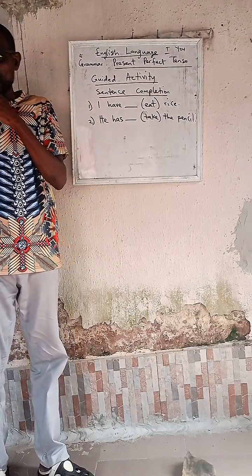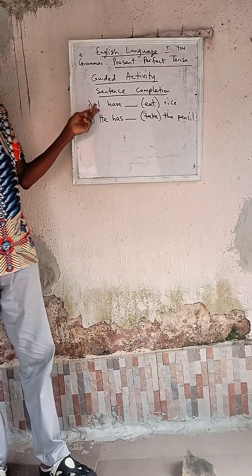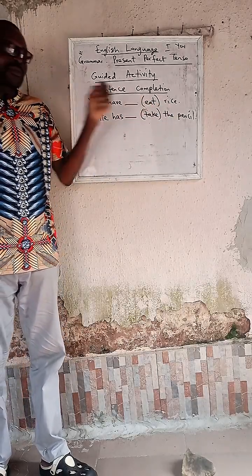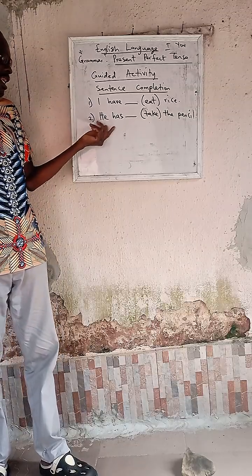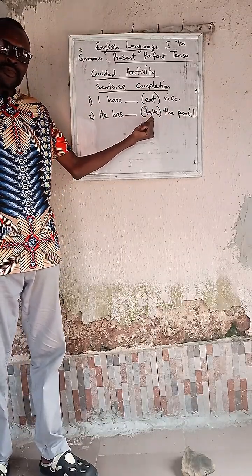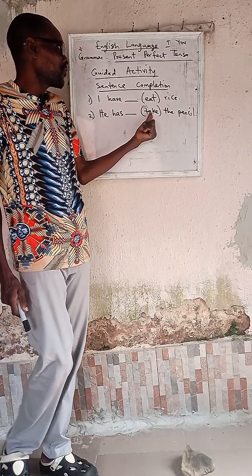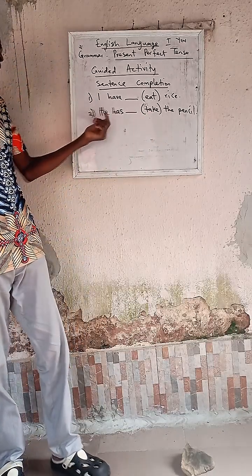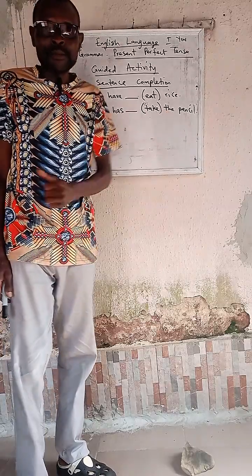Okay, beautiful. Clap yourself. I have eaten rice. Okay, Sarah, he has dash the pencil. Complete with the correct form, past participle form of take. Very good. He has taken the pencil.